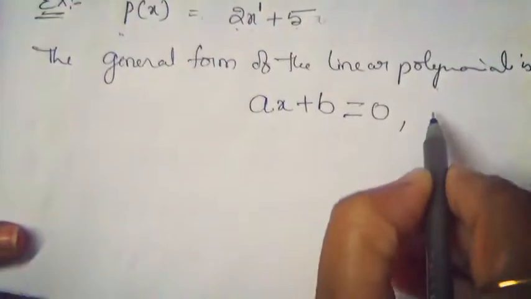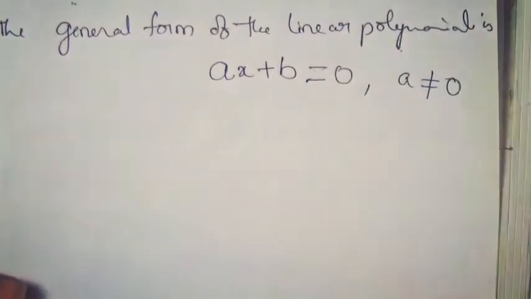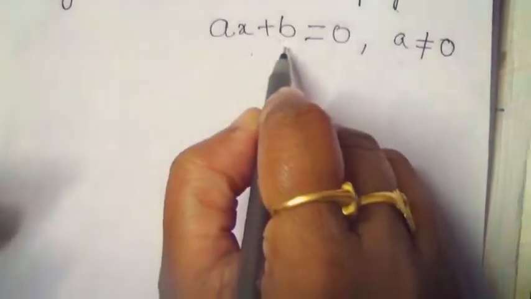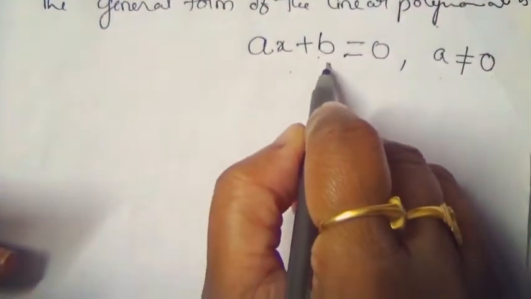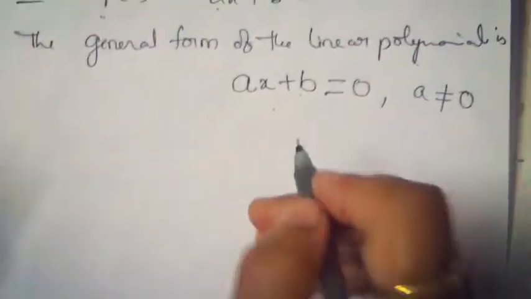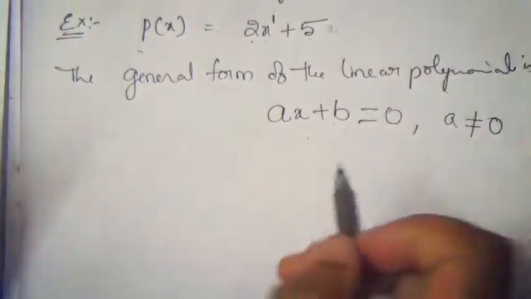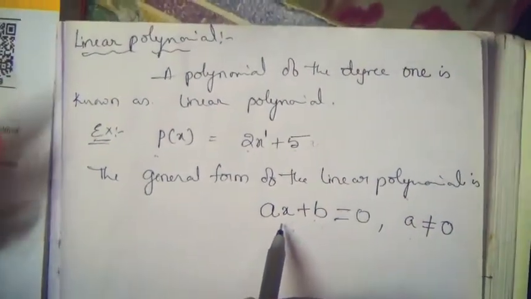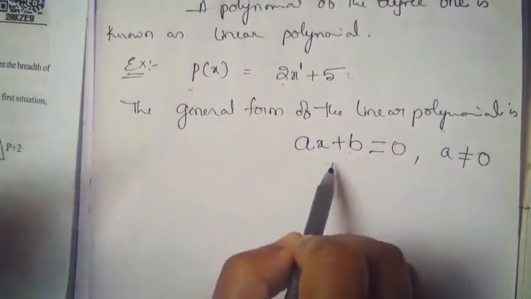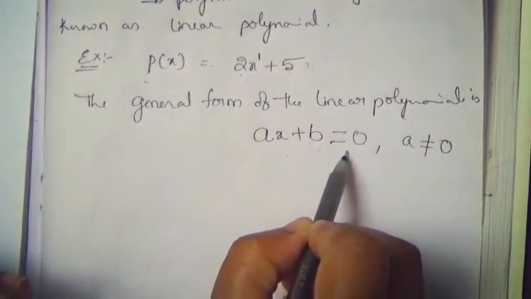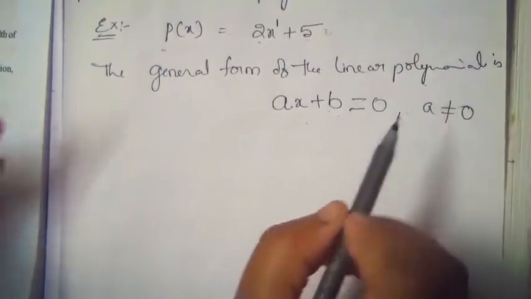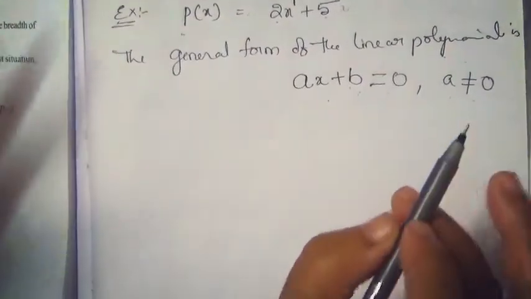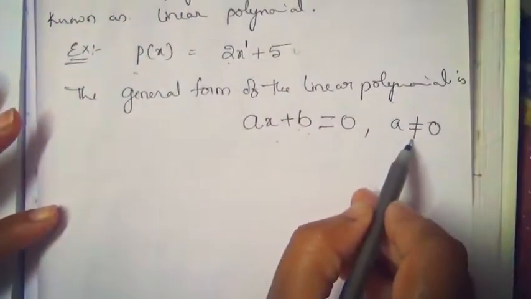Here a should not be equal to 0. If a is equal to 0, then it becomes a constant term. For the constant term the degree is 0. But we know that a linear polynomial has highest degree 1. Hence ax plus b is the general form for the linear polynomial, but a should not be equal to 0.